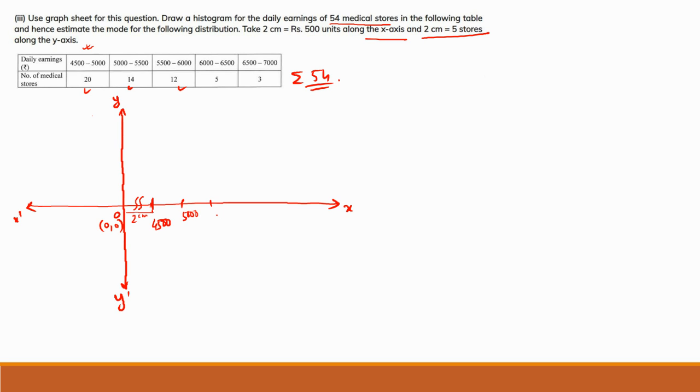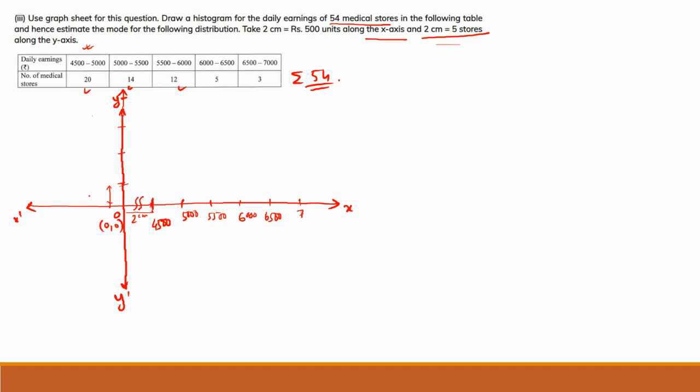Again after 2 centimeter this will be 5,500, then 6,000, 6,500, and 7,000. Similarly, it says take 2 centimeter equal to 5 stores. So 5, 10, 15, like that, 20. Each 2 centimeter should be 5 stores.